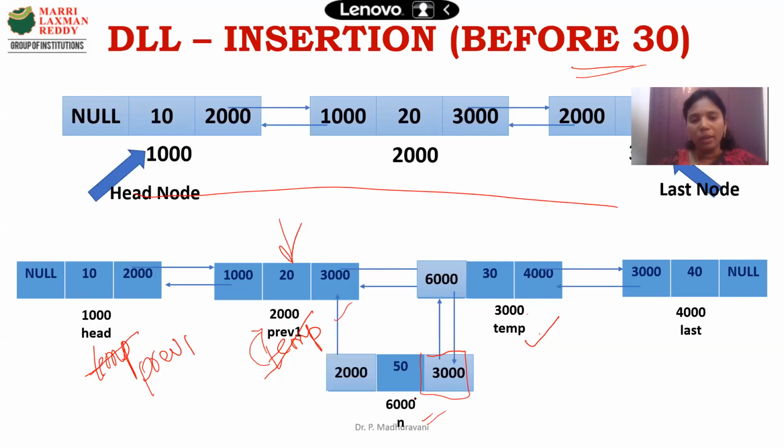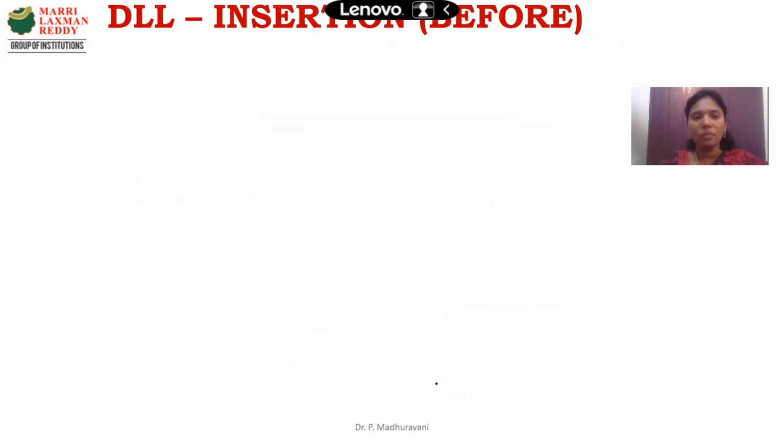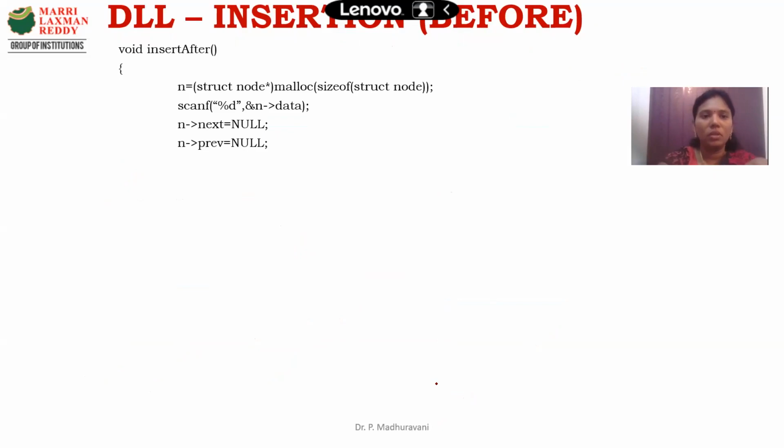Give the left side links as n arrow previous equal to previous, and previous arrow next equal to n. So this is the procedure to insert a new node before the given element. Let's see the function. This is not after, it is before.